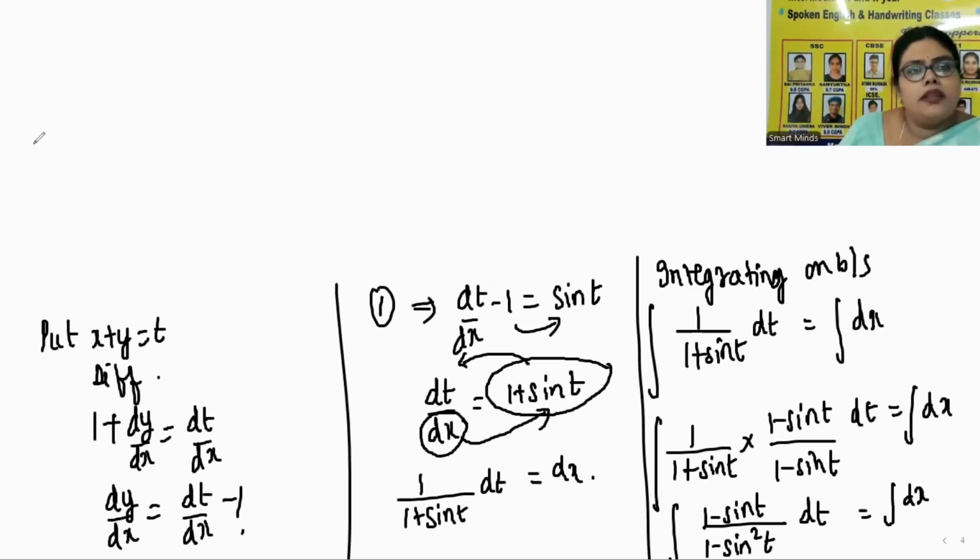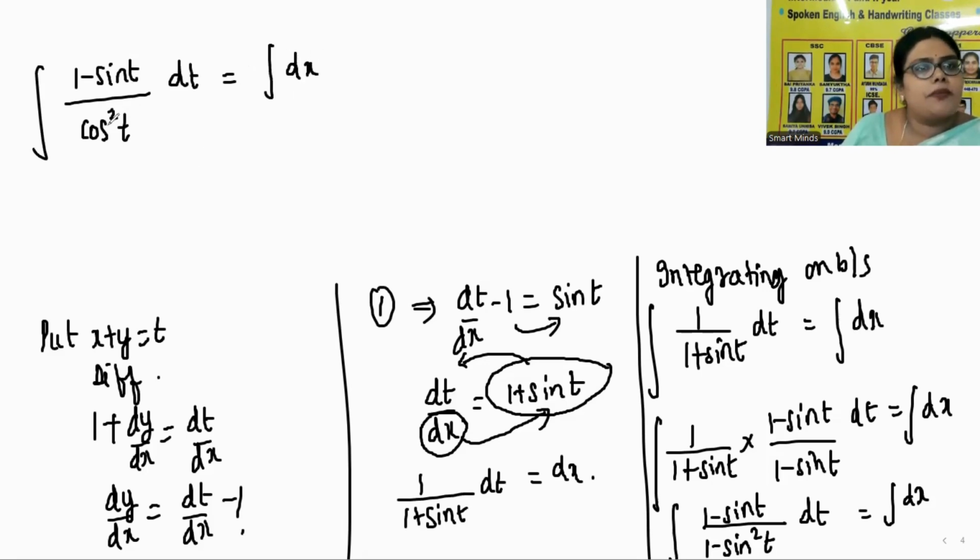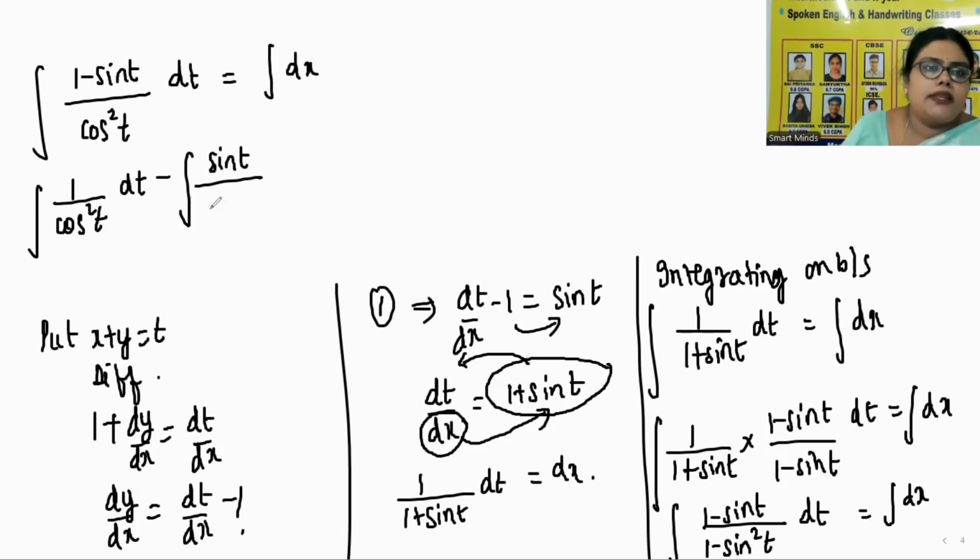Now you see integral 1 minus sine t by, from trigonometry we know that 1 minus sine square theta is cos square theta. So we are writing this as cos square t dt is equal to integral dx. Now we are separating this. Integral 1 by cos square t dt minus integral sine t by cos square t dt is equal to integral dx.